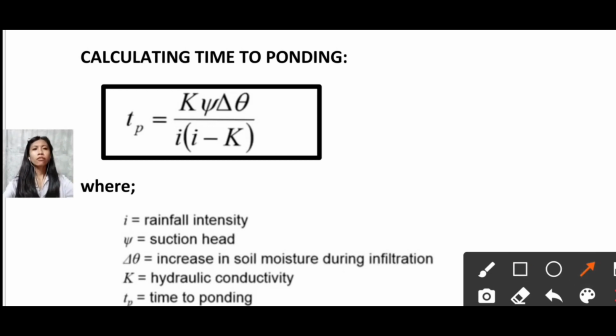Actually, this is just a function of the hydraulic conductivity, the suction head, and the increase in soil moisture during infiltration, or the change in water content, and also the rainfall intensity. So that's the equation that we will be using in this discussion.